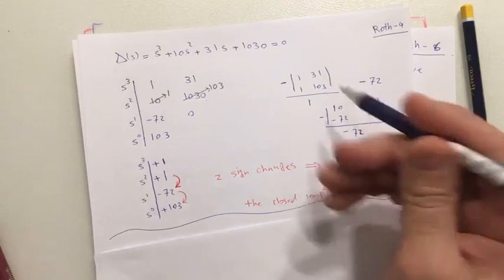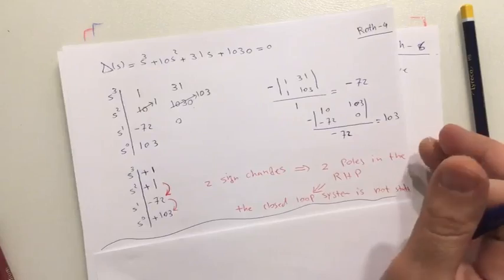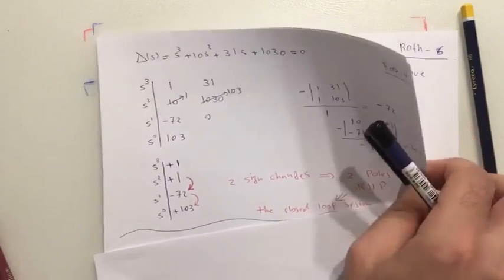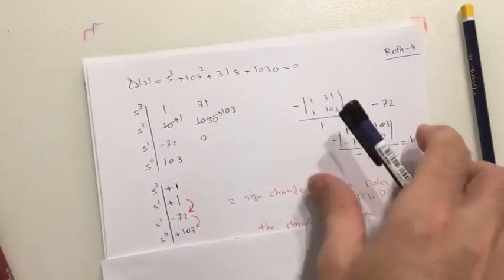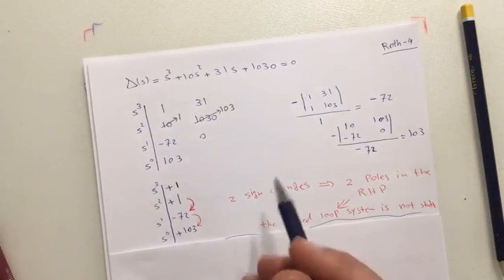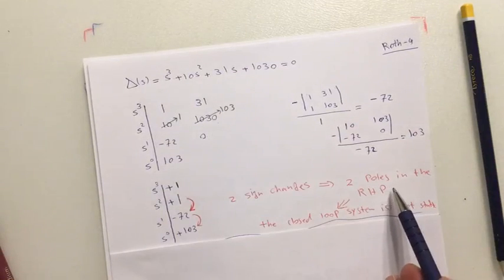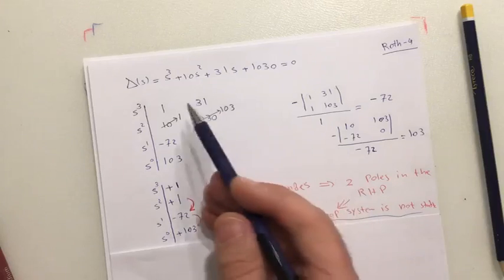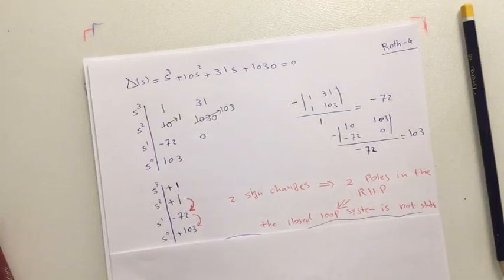But it doesn't help the stability because we already know that some of the poles are in the right half plane. Basically that was the Routh-Hurwitz criterion, and with it you can find the number of poles in the right hand side.